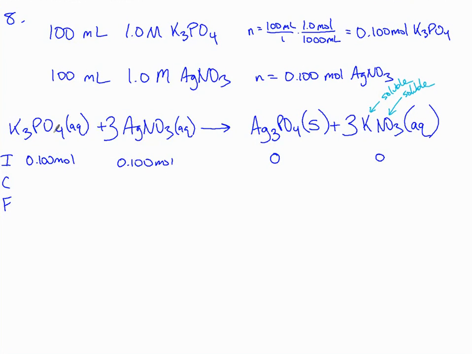For every one of these, we need 3 of these, which means that these are going to run out first because we're using them 3 times faster. If we used 100 of these, we've only used 33 of these. And that's how it's going to work.